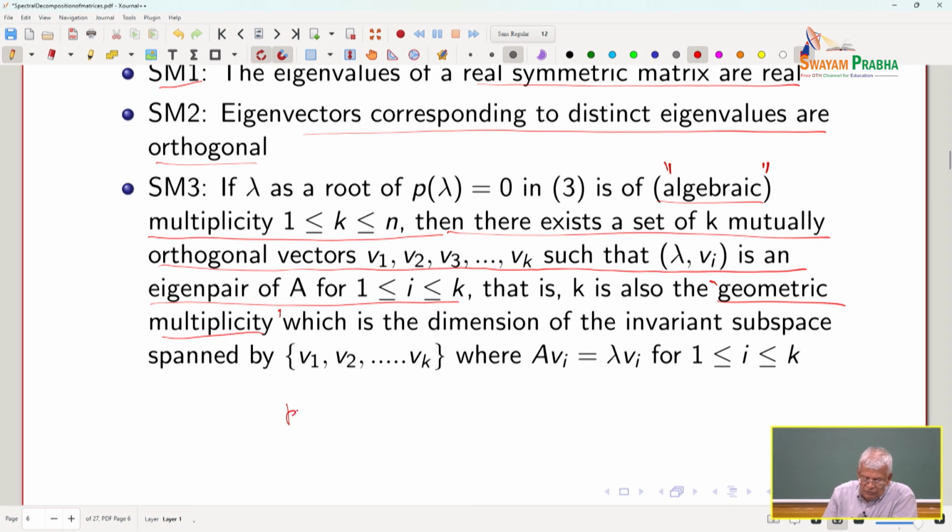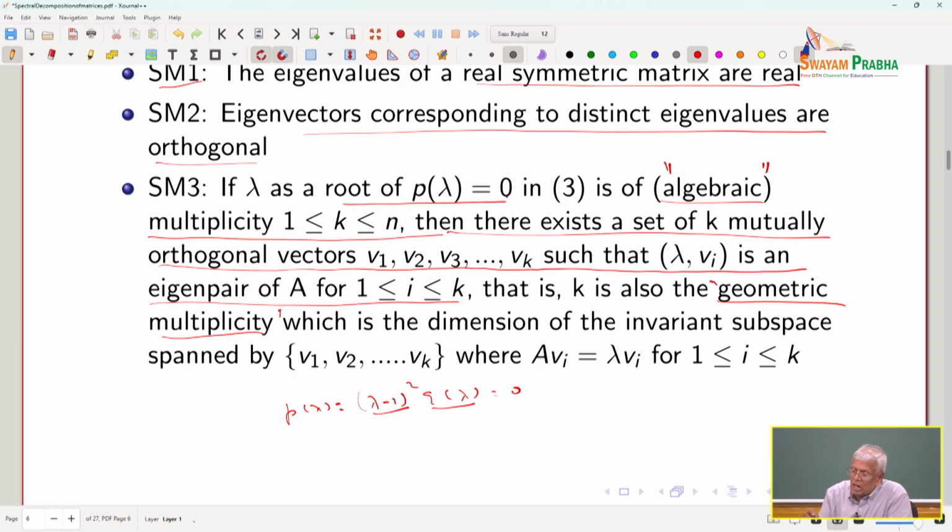For example, if I can write p(lambda) equal to (lambda minus 1) square times q(lambda), this term is 0 when lambda is 1, 2 times. The rest of the roots come from solving q(lambda). I hope you are with me now. So, algebraic multiplicity is the number of times that the same value lambda solves the polynomial equation p(lambda) equal to 0, the roots of the polynomial.